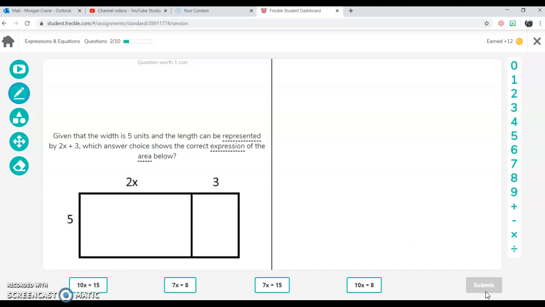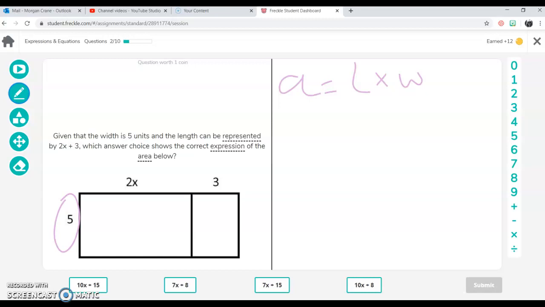Alright, then they're going to show you some problems like this. Given that the width is 5 units, in length, so that's what they're showing here, can be represented by 2x plus 3. What is the answer below? Which one shows the expression of the area? So, remember, area is length times width.